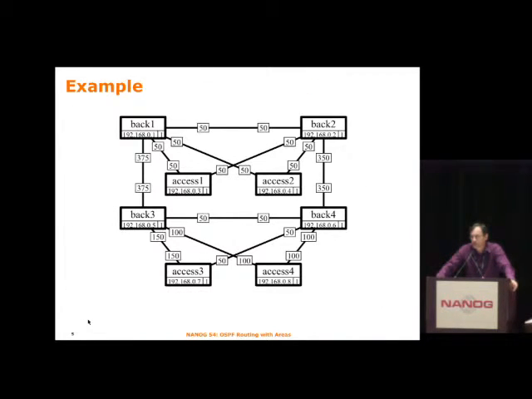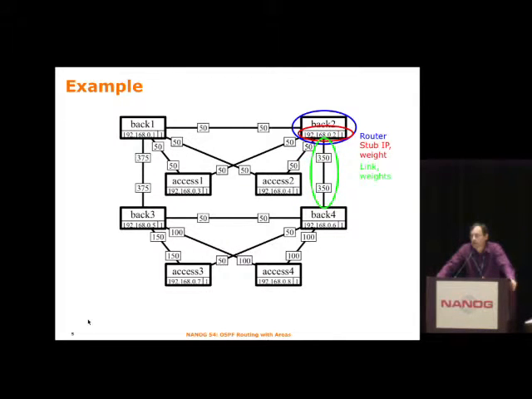Okay. So here's an example, and this will illustrate a type of figure that I'm going to use for many of these examples. This is a sketch of a network. Those big black boxes with names in them are routers. At the bottom of the box are some loopbacks on the router, and their configured OSPF weight or distance to the loopback.